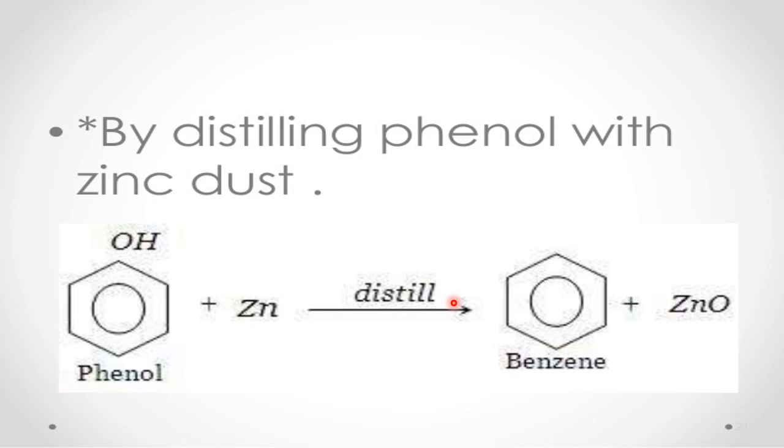So zinc is usually used in the preparation of hydrogen gas, or as a reducing agent. A user-friendly reducing agent is zinc. Using zinc dust, zinc powder, we convert phenol into benzene, and when zinc takes the oxygen, it becomes zinc oxide.